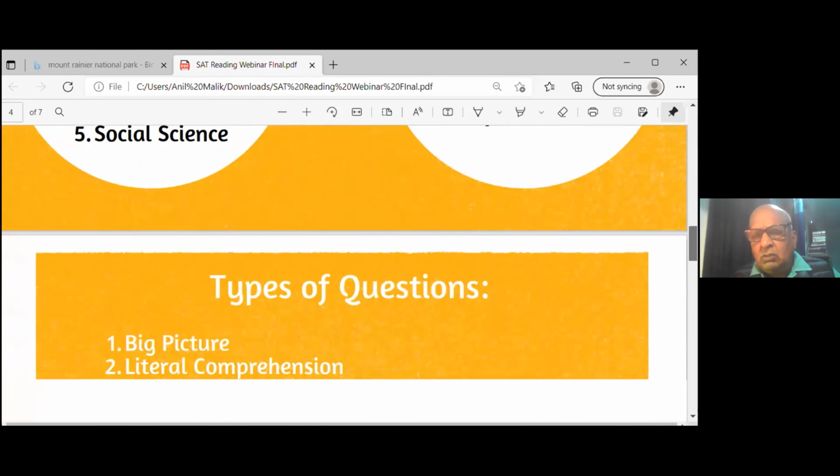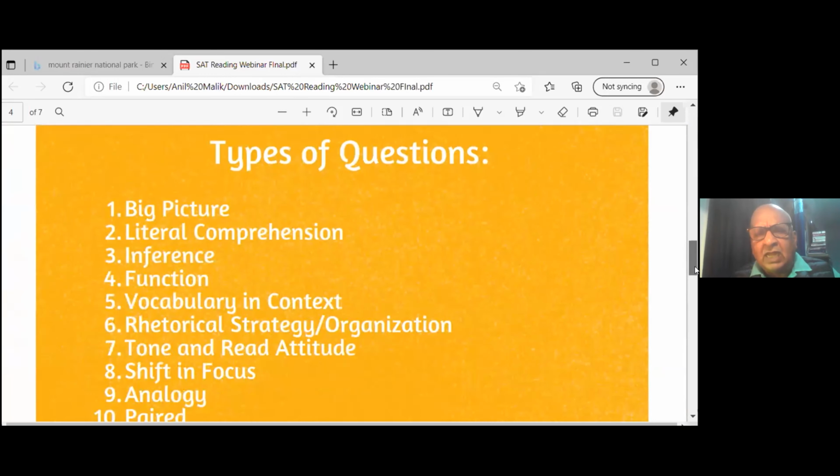Right. When you come to the types of questions in the reading, you have questions like big picture, where you get the main idea of the passage. You get literal comprehension, where you have to find something from the text and answer.